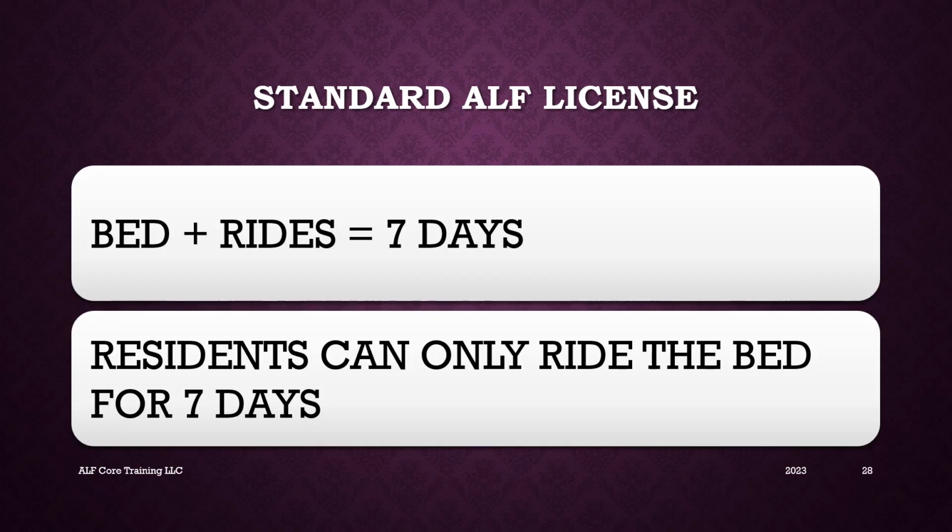So remember, the days in bed are basically bedridden days, and in the standard ALF, it doesn't go past 7. Residents can only be bedridden for 7 days in a standard ALF. Now this may change with specialty licenses, but with your standard residents, your walkie-talkies, they need to get out of bed after 7 days.